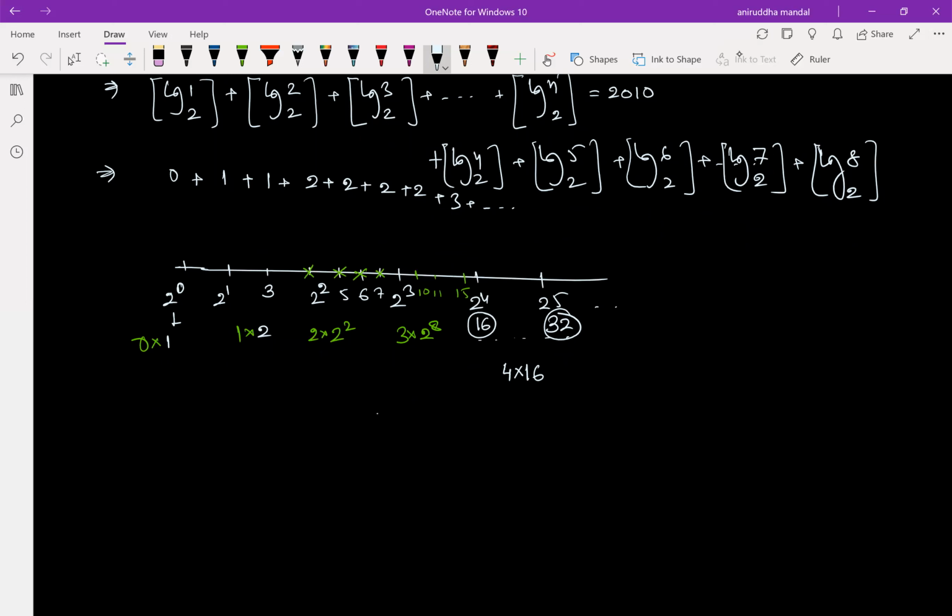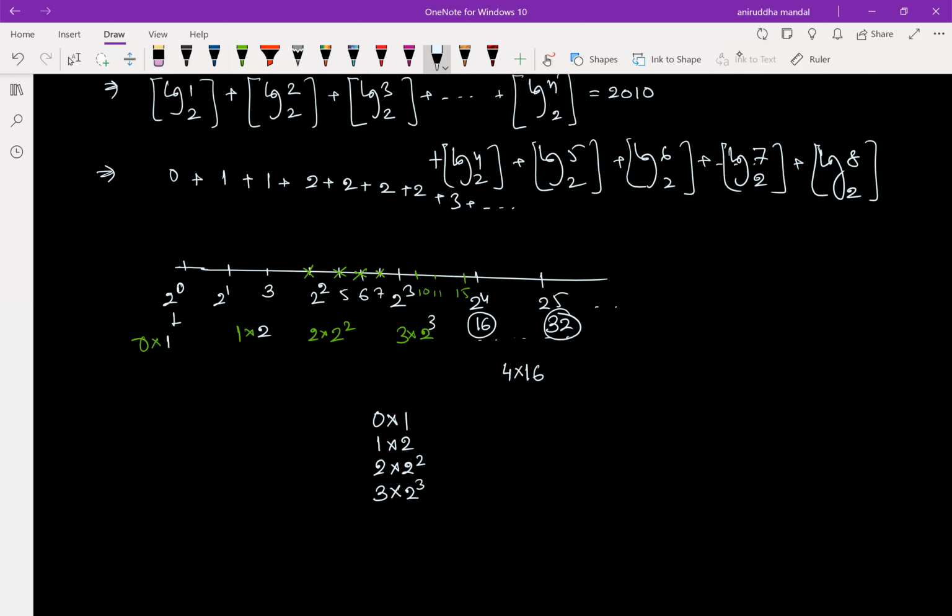The first number is, let's say, 0, then 1 appears 2 times, and 2 appears twice, so this is 2 squared. Then 3 appears 2 cubed times, so this is 3 into 2 cubed.